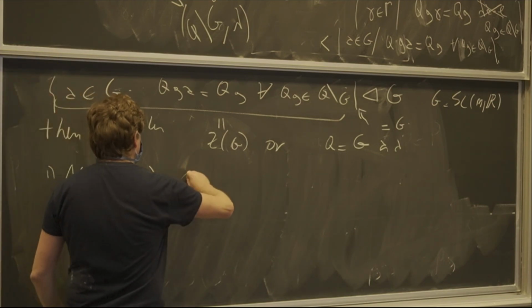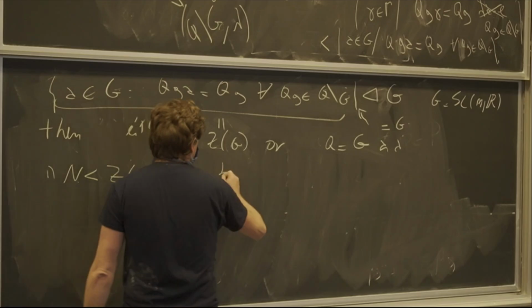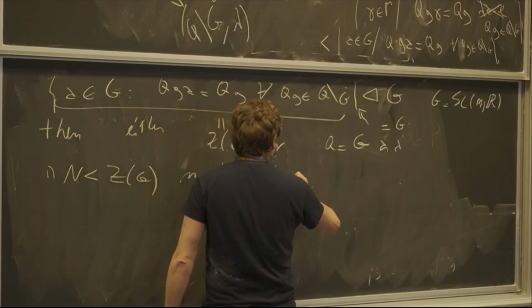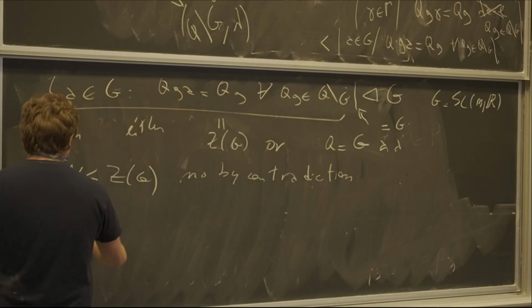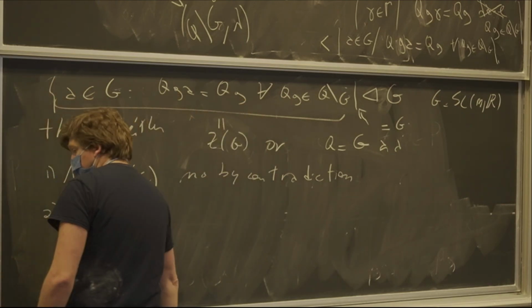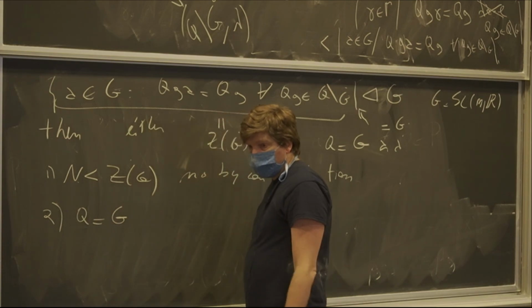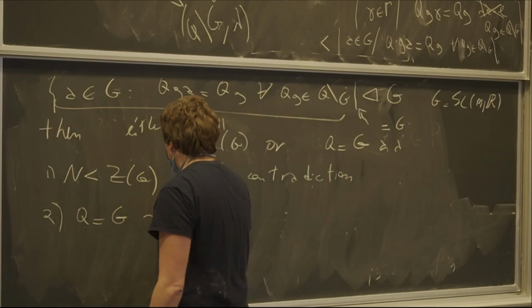So, by contradiction, I get that Q has to be equal to G. But what does it mean that Q equals G?